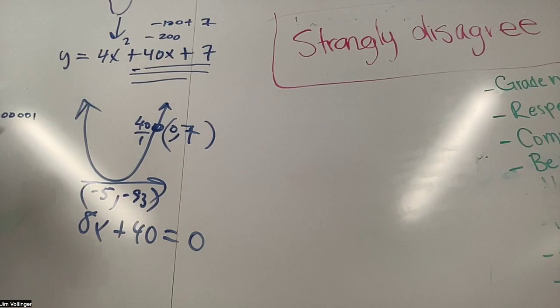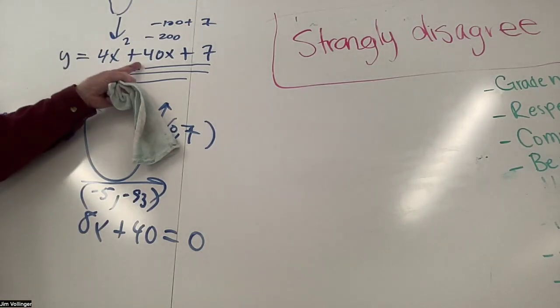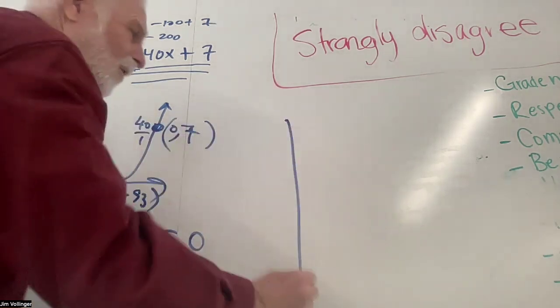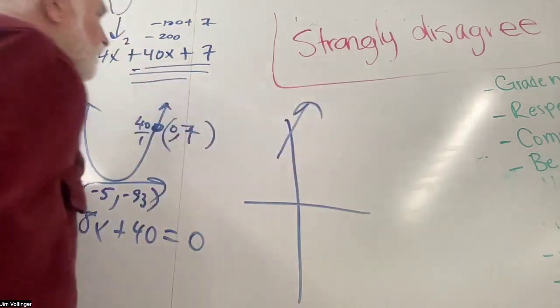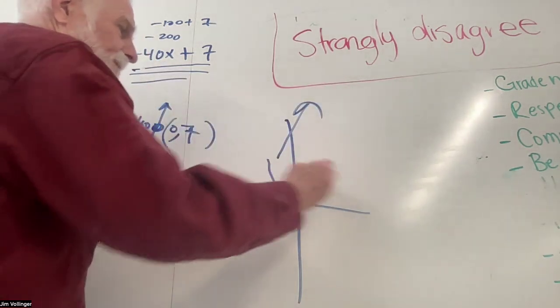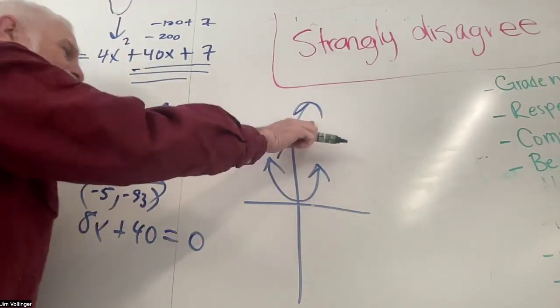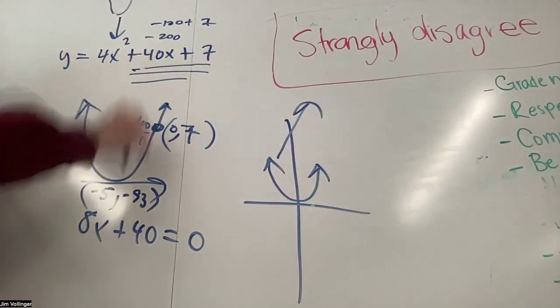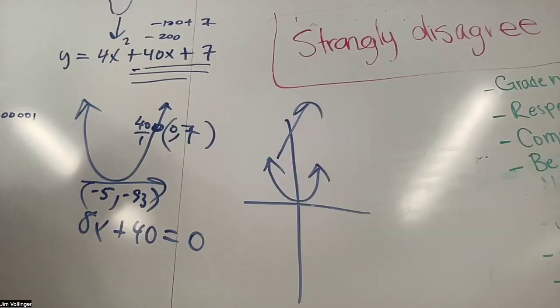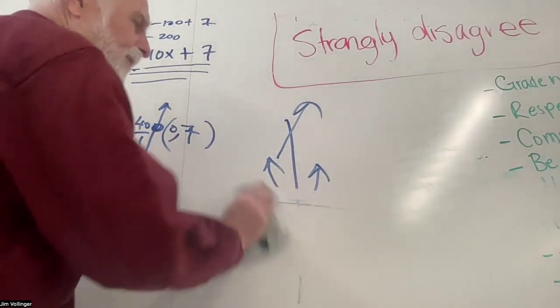Huh, boy, that function, 40x plus 7, combined with this function, they're both pulling up on the right side. Boom. Okay, lots of nice things to think about. And what are the roots of this?